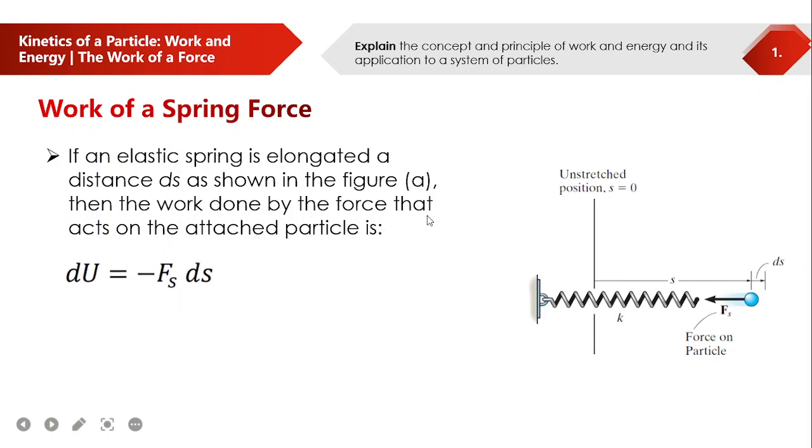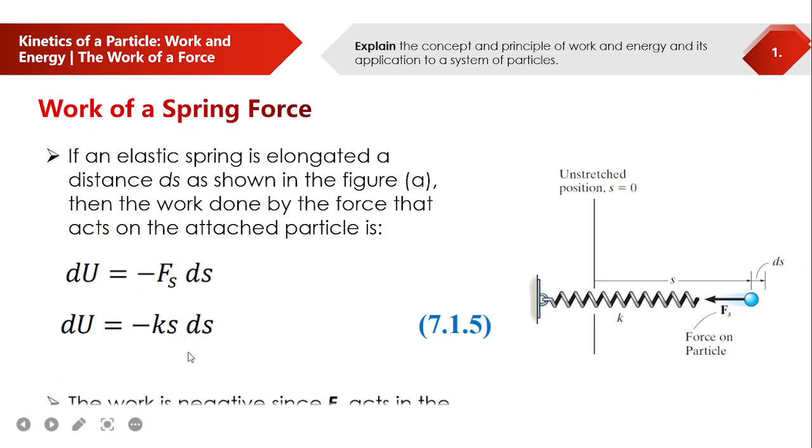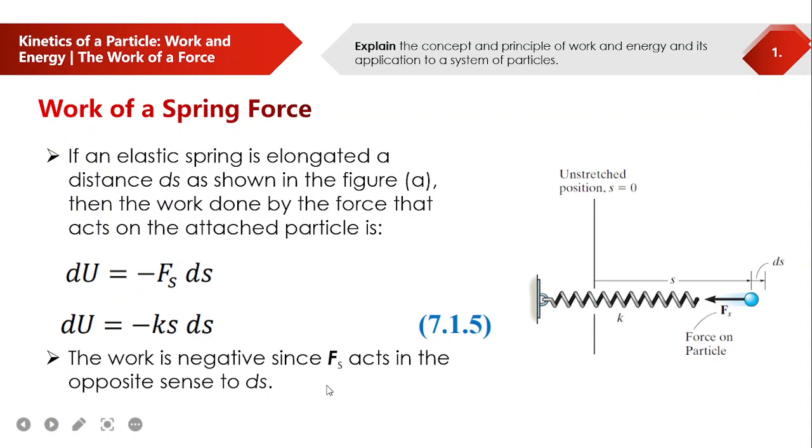Then the work done by the force that acts on the attached particle is equal to negative F sub S ds. Okay? Spring force yung tawag dito sa F sub S ha. And then, when solving for our spring force, we need to multiply our k times s, so F sub S is k s, times ds. The work is negative since F sub S acts in an opposite sense to ds.